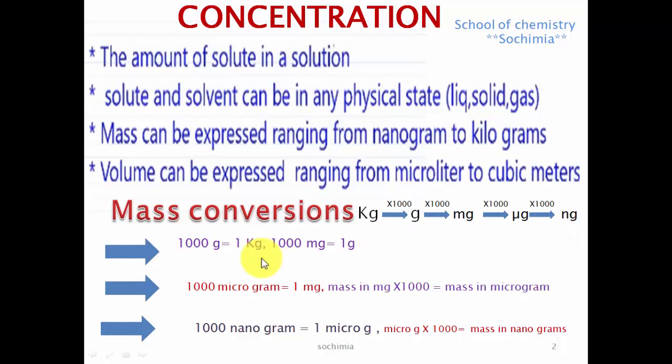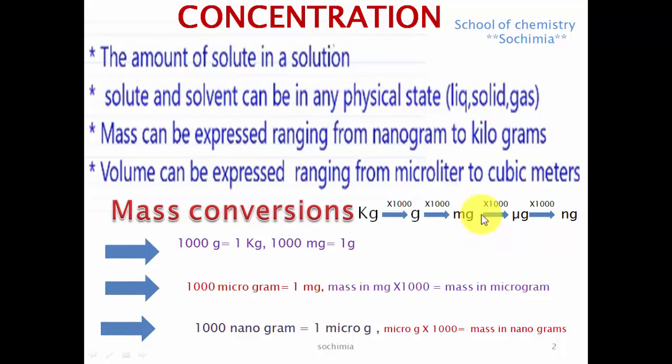So what you need to basically remember is that 1000 grams equal 1 kilogram. Similarly, 1000 milligrams make 1 gram. Similarly, 1000 micrograms are equal to 1 milligram.